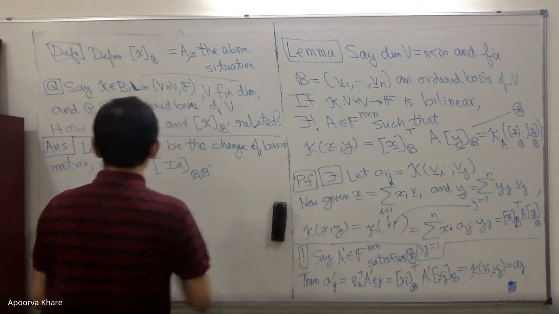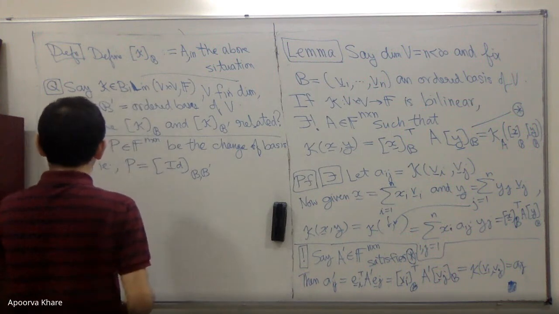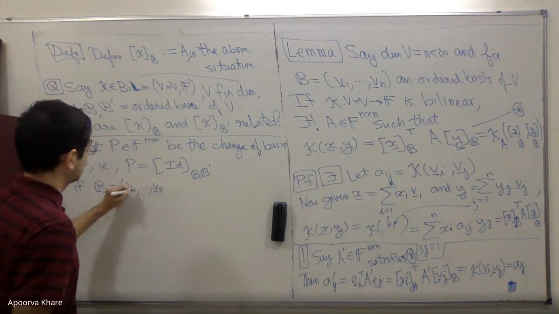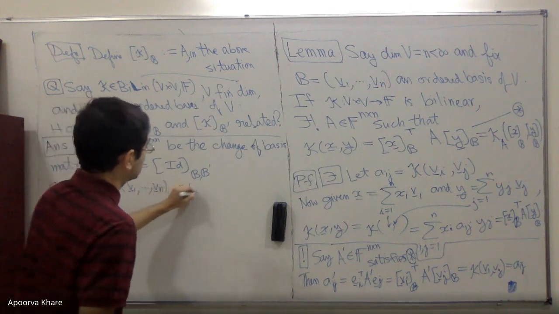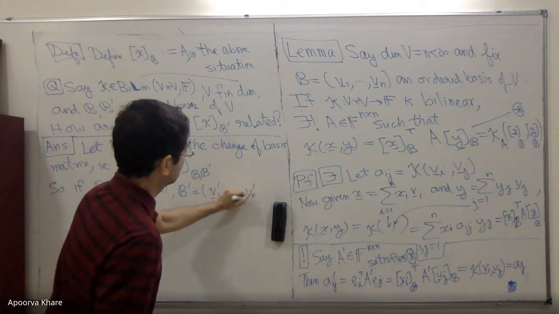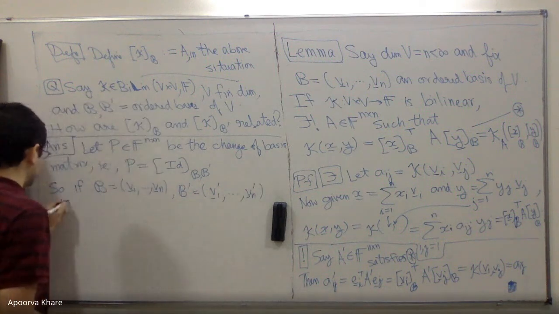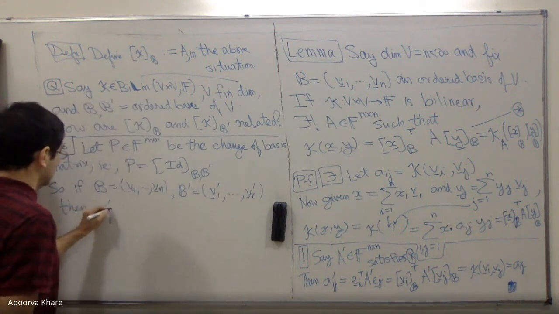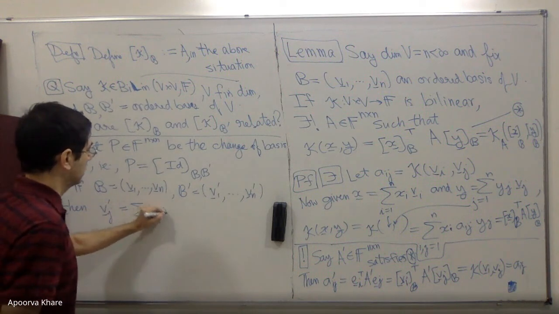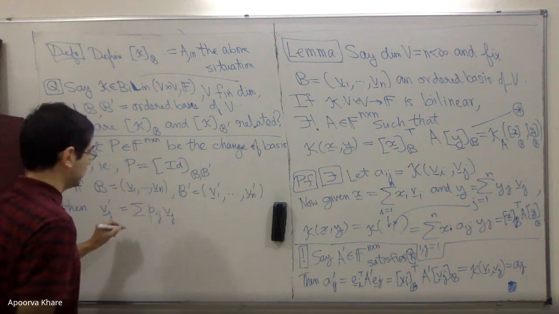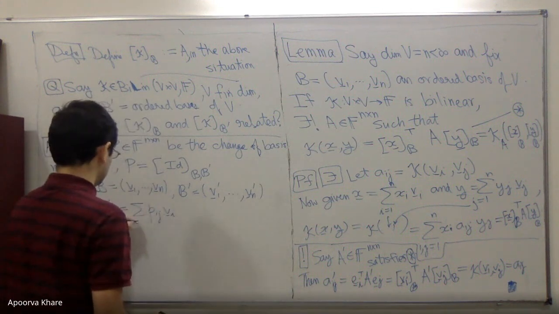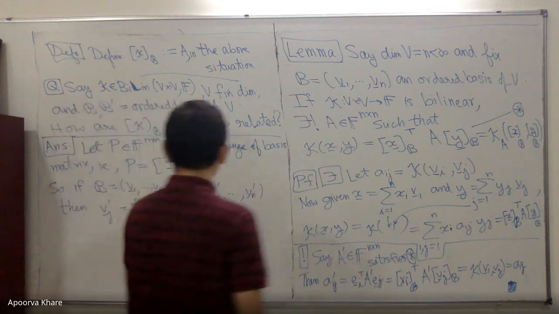All I was saying was, if B is v1, v2, ..., vn, an ordered basis, and B prime is v prime 1, v prime 2, ..., v prime n, then the equation goes, because it's the identity map, summation P_ij v_i.